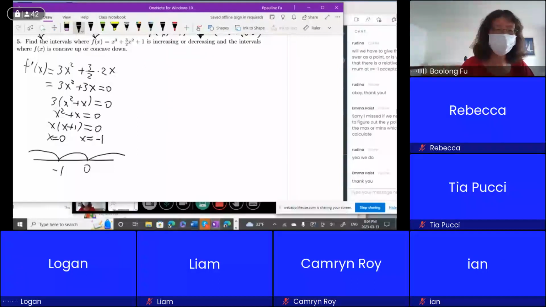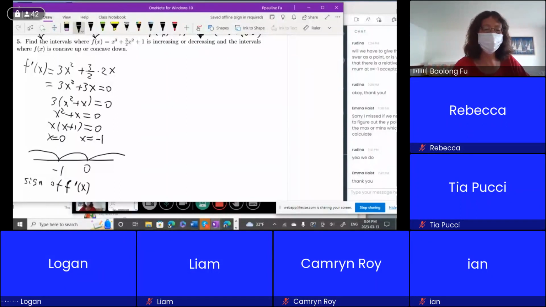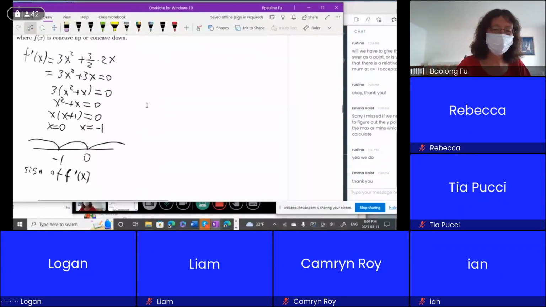And you need to determine the sign of the first derivative in these 3 intervals. To determine the sign, you take any number from, for example, -2 in this interval. So calculate the first derivative at -2.